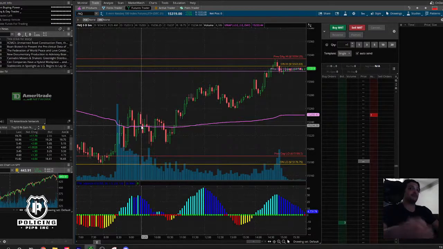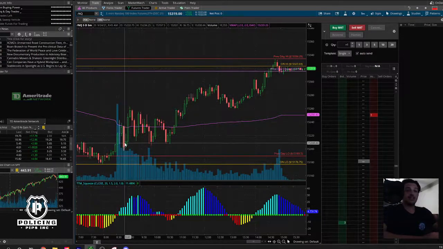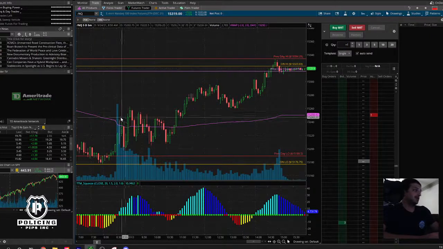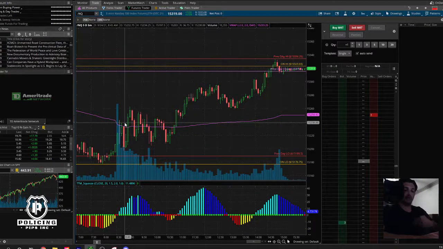I trail my stop to the break even of the prior. So even if it pulls back, I'm only losing the same amount I was risking. So you're never increasing your risk, but you are increasing your position size. So that allows you to have that exponential growth on some of these big moves. However, at the same time, it doesn't increase your risk and allow you to blow up your account.